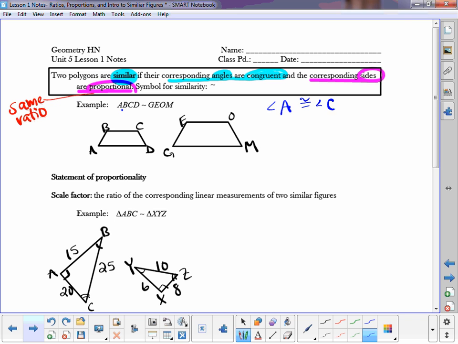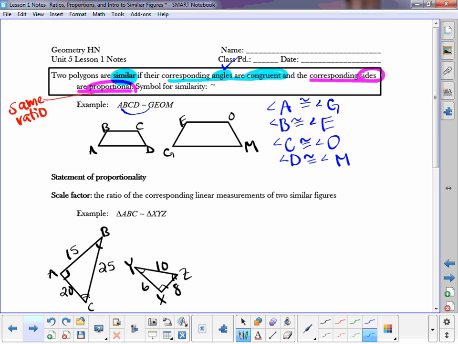G. Good, angle G. So again, we match up the letters, just like they are in the similarity statement. Angle B is congruent to what angle? Good, angle E. Angle C is congruent to angle O. And angle D is congruent to what angle? N. Alright, so that's the easy part. That's our corresponding angles are congruent.